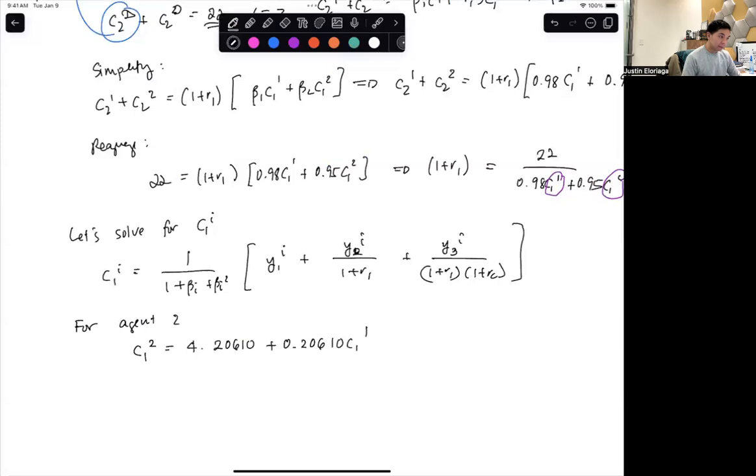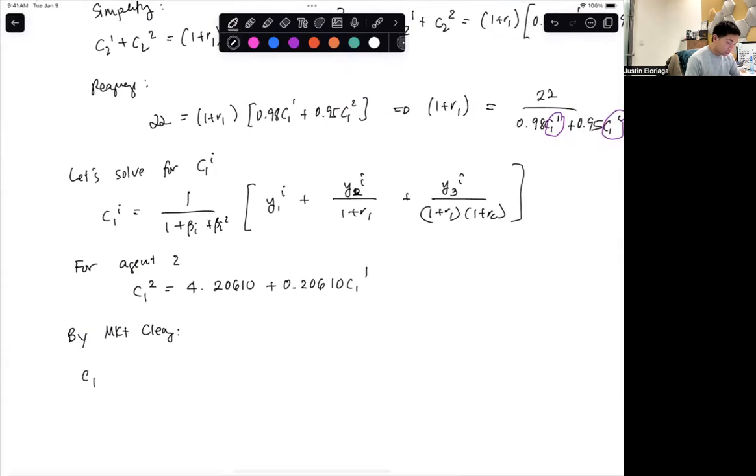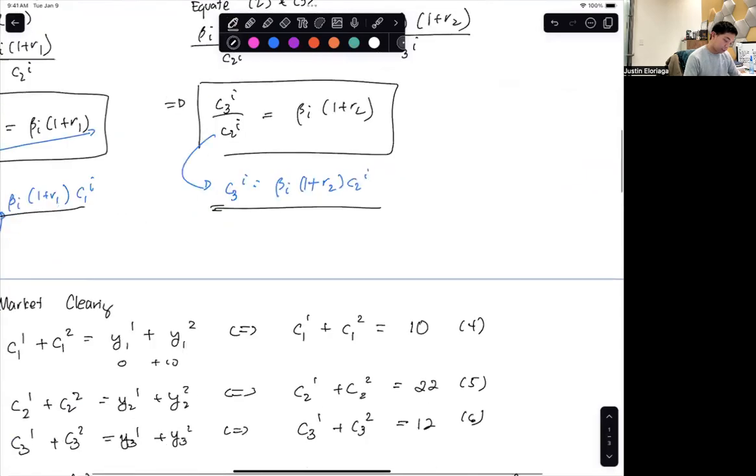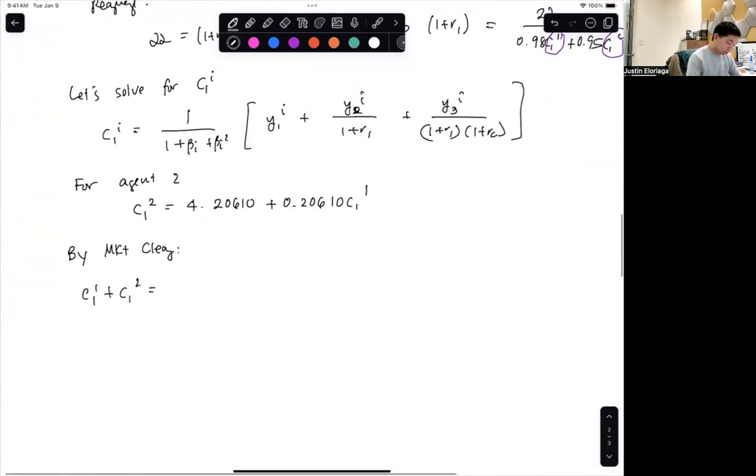Then, since I know from market clearing that C11 plus C12 is equal to 10, it must be that 4.20610 plus 1.20610 C11 is equal to 10.